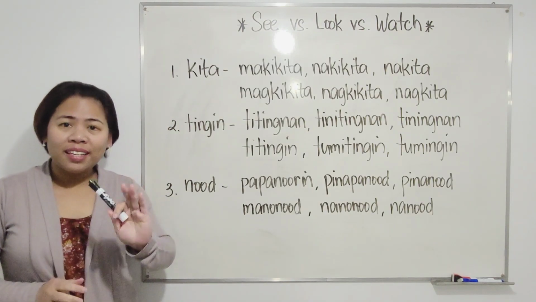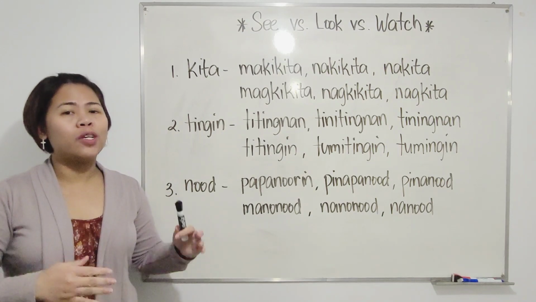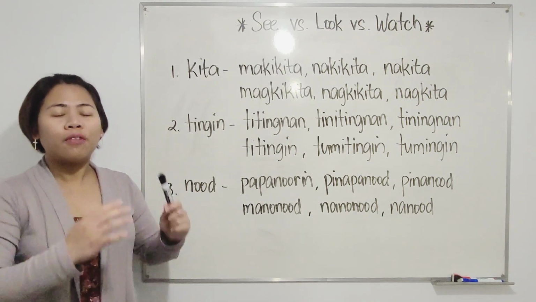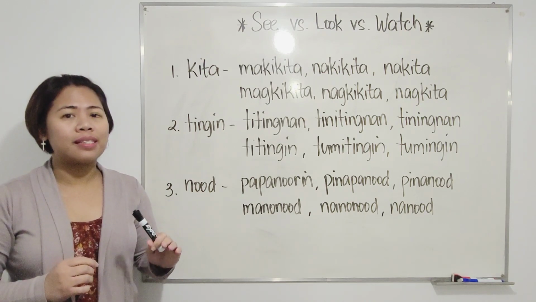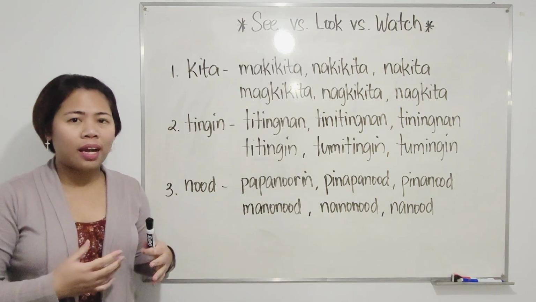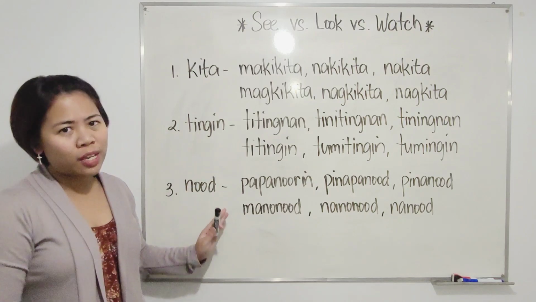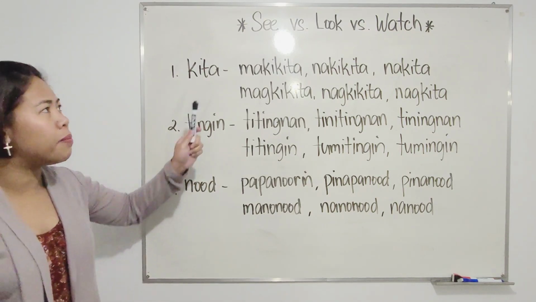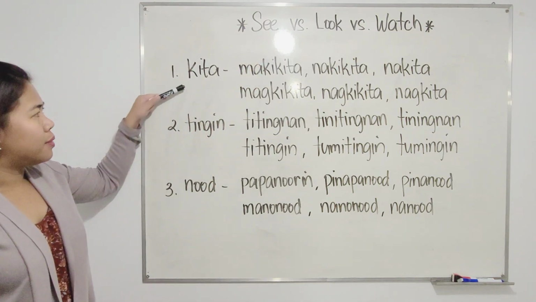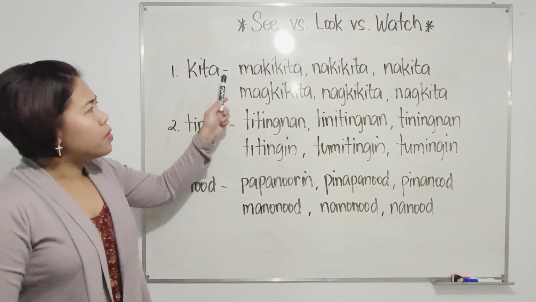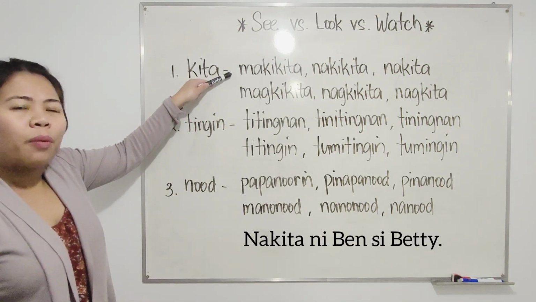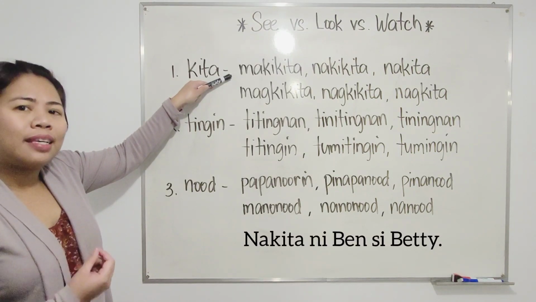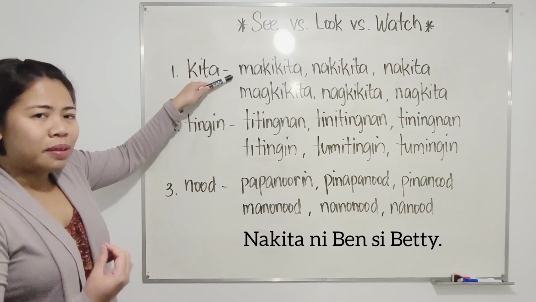Alright, to give you the idea of how the conjugations would look like if the focus of the sentence is the object and if the focus of the sentence is the subject or the doer of the action, I wrote these conjugations here. So our first verb is nakita. We used the first pattern of conjugation in our sentence earlier. Nakita ni Ben si Betty, right?